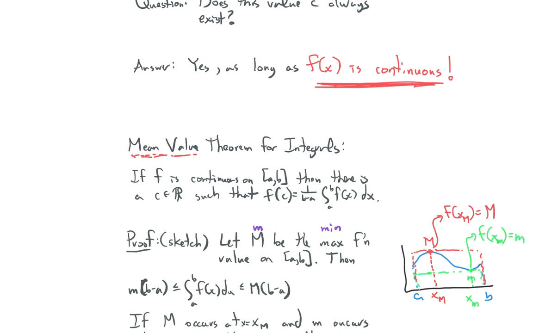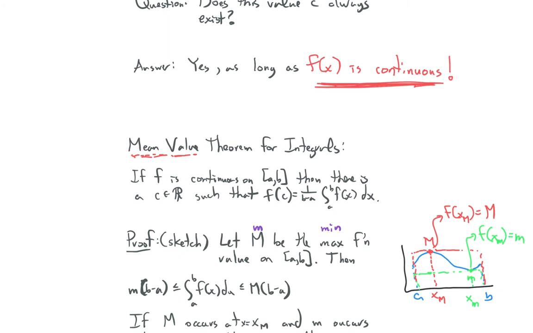That's what I mean there. Okay. And the whole idea here is that we are dealing with a continuous function. So we know that we have this maximum value at x big M and this minimum value at x little m. We can use the intermediate value theorem here, and that's the key.